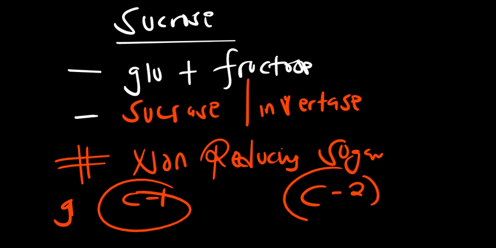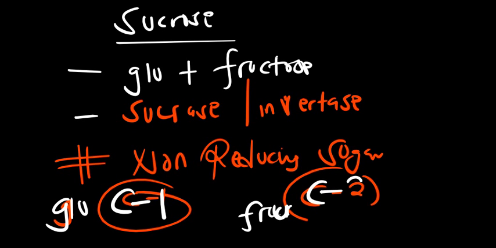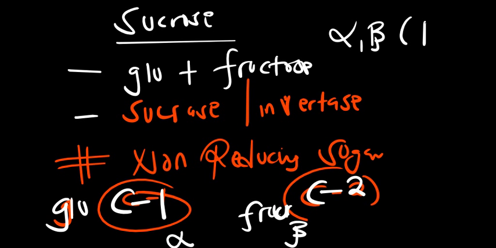So this is glucose, this is fructose. This one is C1, this one is C2. Glucose is alpha, fructose is beta. Because of that, you are going to have an alpha, beta linkage, at positions 1 and 2.